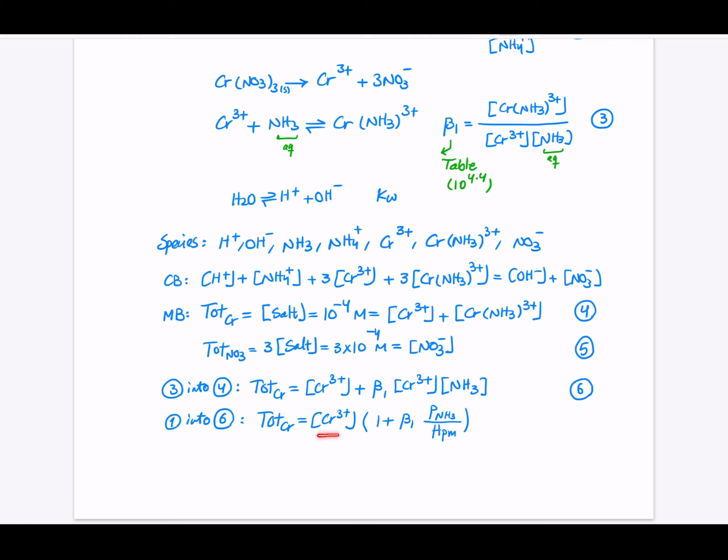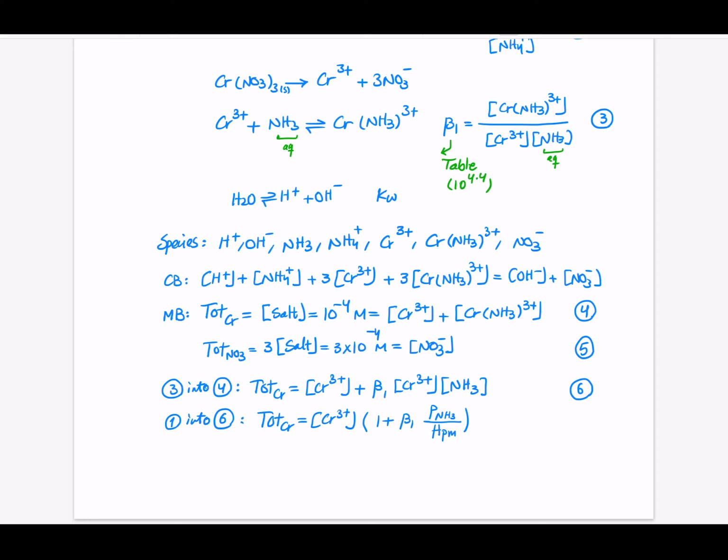So now we have chromium 3 plus concentration as a function of constant, constant, constant, also constant. So chromium 3 plus concentration is not pH dependent, basically.